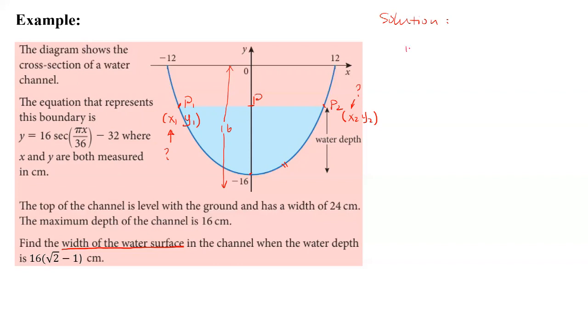Okay, so basically the question is converted to, we know that the function is minus 16 minus 16 times square root of 2 minus 1, and find x.